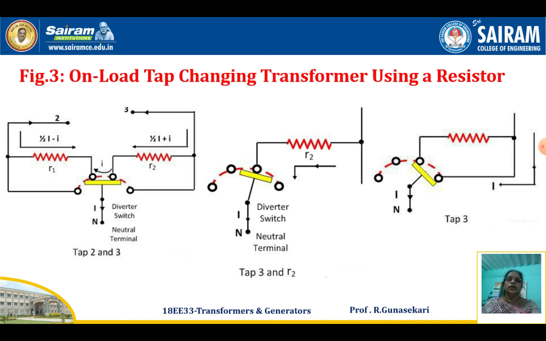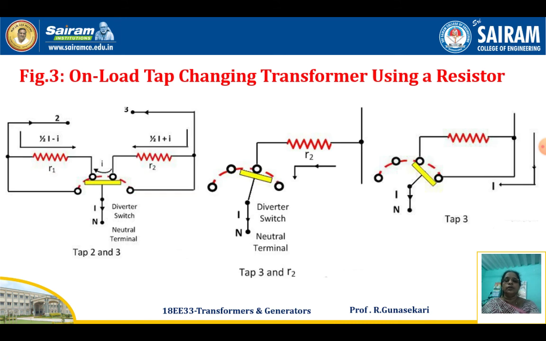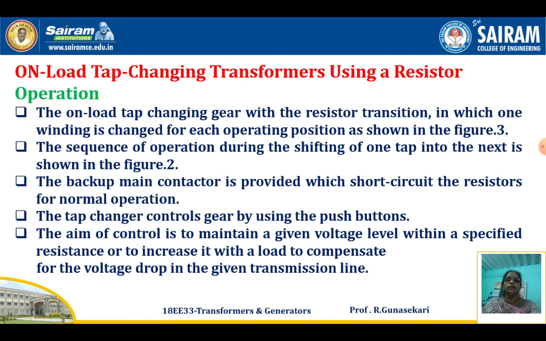Finally 3. This is the tap changing. Initially it is in the second position; to change from the second to the third position: first 2 and R1, then 2 and 3, then 3 and R2, finally 3 only.